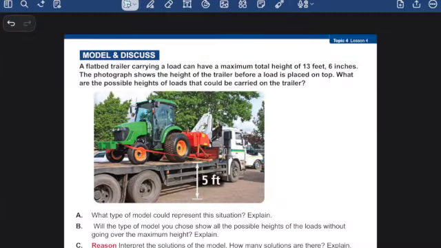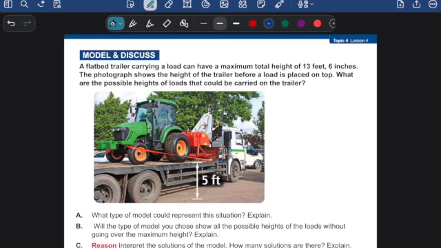For the model and discuss, we have this situation. A flatbed trailer carrying a load can have a maximum total height of 13 feet 6 inches. So 13 feet 6 inches, if we do 13 times 12 plus 6, we get 162 inches. That's the maximum height. The photograph shows the height of the trailer before a load is placed on top.